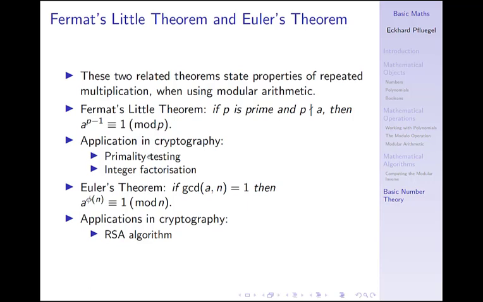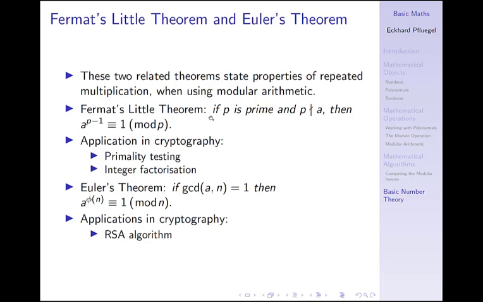That's exactly how a very reasonably efficient primality testing algorithm for cryptography works, which is called the Miller-Rabin test. I'm not going to go into details here. There are also some algorithms trying to factorize integers which use Fermat's little theorem. These are roughly the application areas for cryptography. But basically, just remember that's how it works.